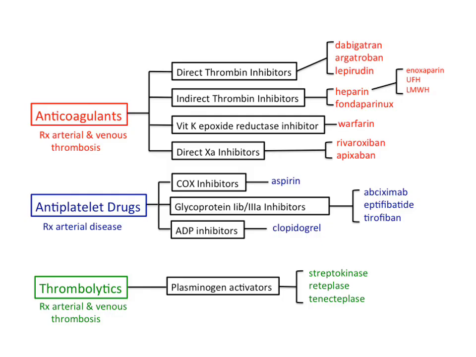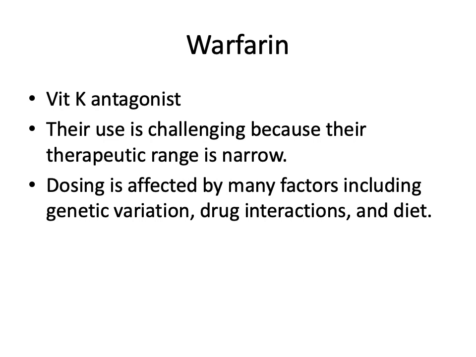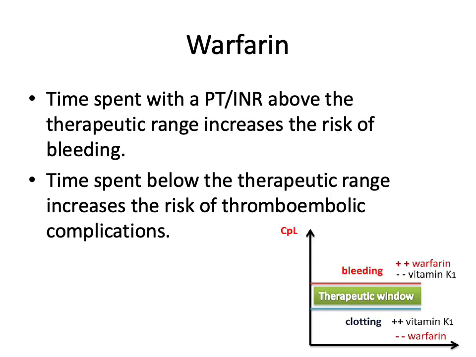These are the lists of anticoagulants, antiplatelets, and thrombolytics. But for today's talk, I'm just going to focus on warfarin because warfarin is still a very widely used drug, despite the fact that nowadays we have DOACs. Warfarin, as we all know, is a vitamin K antagonist. Their use is challenging because their therapeutic range is very narrow and they are affected by many factors.